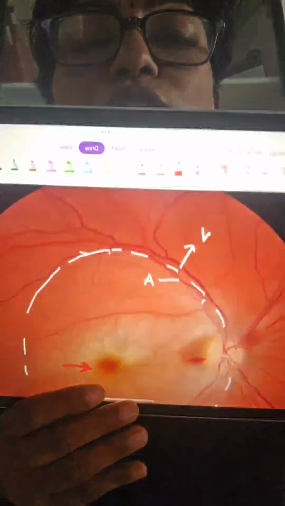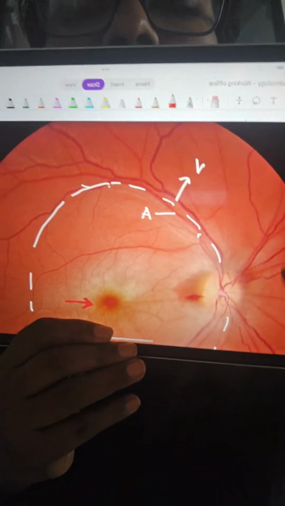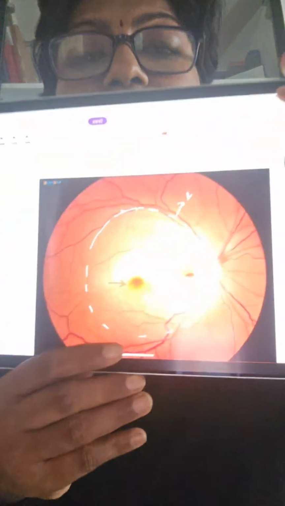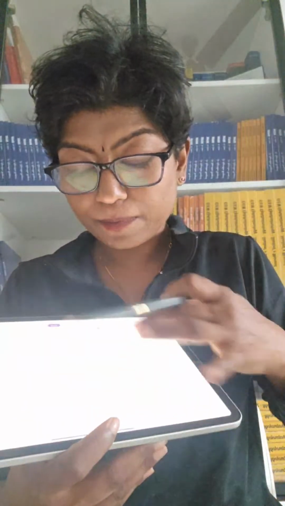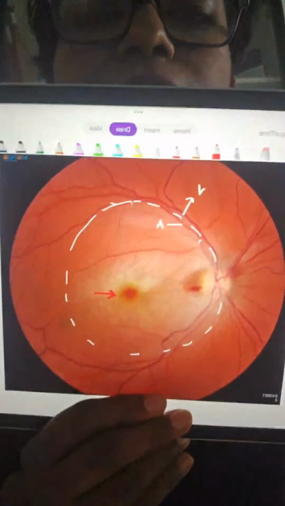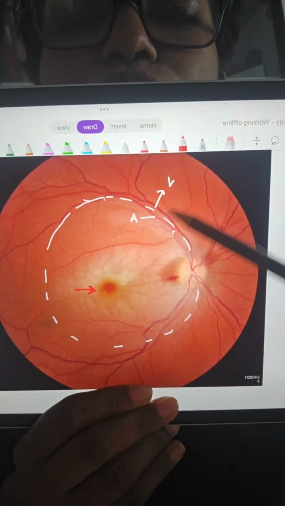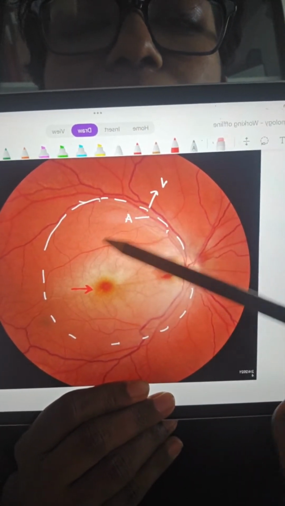What I want you to notice here is the color of the fundus. Compare the color of the fundus between this portion and this area.